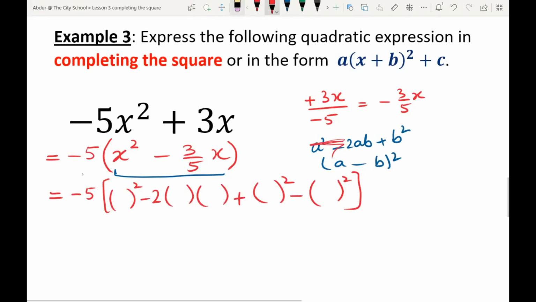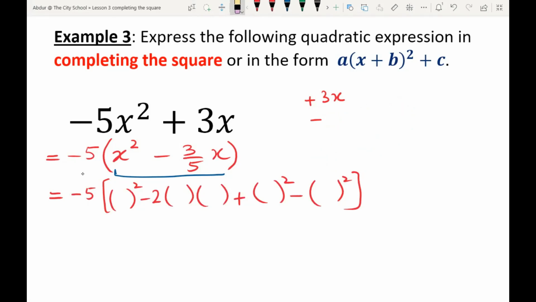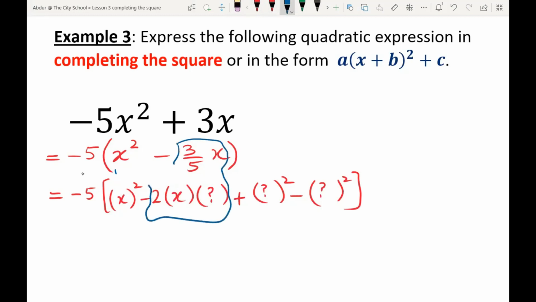By putting the values, a was x, a square minus 2ab, b is unknown here. We can find b by comparing the second terms. So minus 3 over 5x is the second term, and the second term is twice of x times question mark.